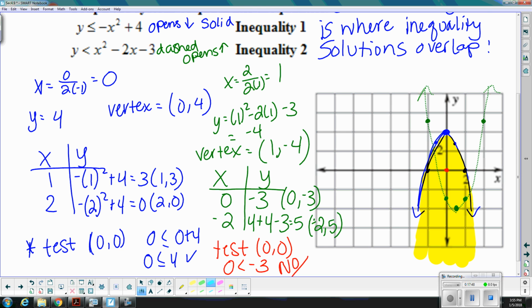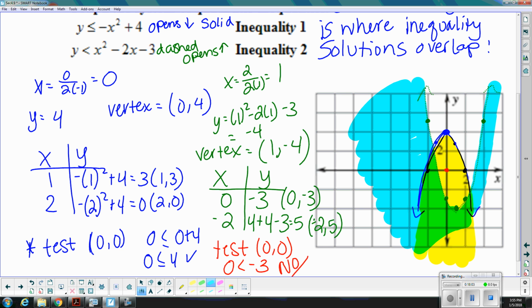So for this parabola, I have to shade outside of the parabola. And then my solution is where that overlaps.